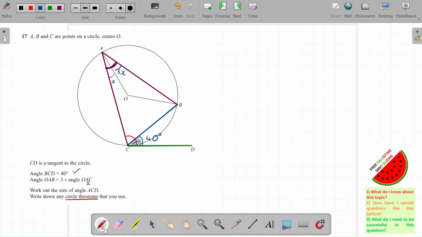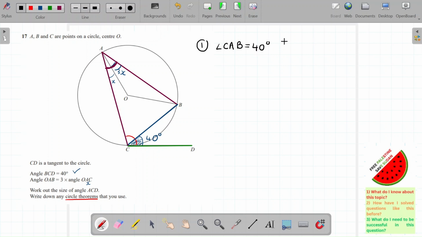Okay. So the first thing I'm going to start off with is number 1 over here. Angle CAB is equal to 40 degrees.